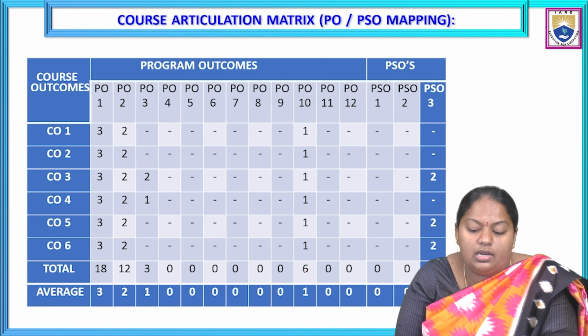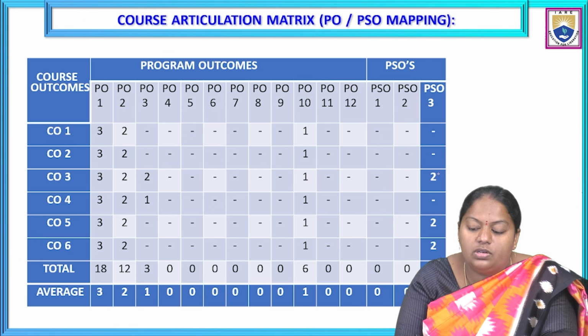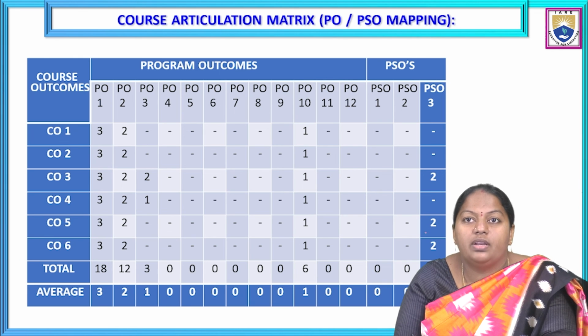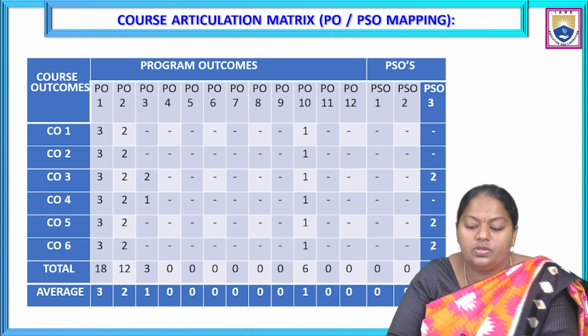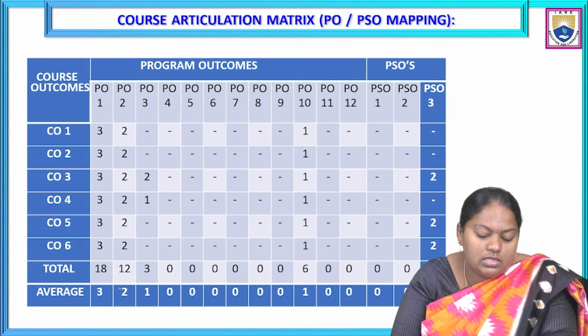And for PO10, communications-wise, I am using all such as 1s and 6, and PSO3 is mapped for CO3, 5 and 6. CO3 is for Maxwell's equations and reflections of uniform plane waves, and transmission lines purpose. I am considering the HFSS tool usage for this PSO3. Then depending upon that, the average is calculated.